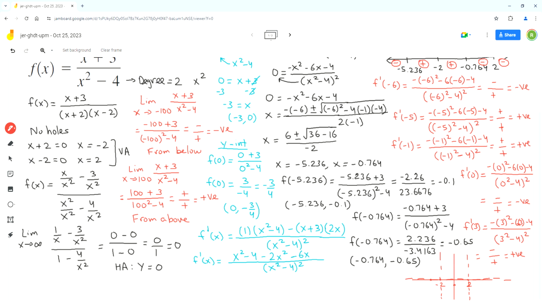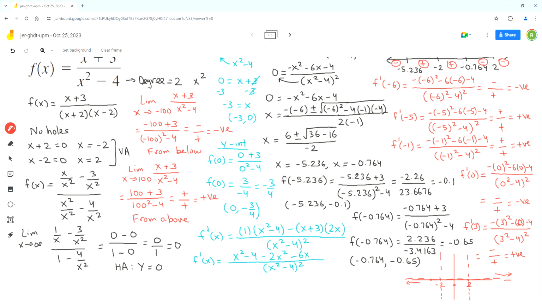Now we can show the behavior of the curve around the horizontal asymptote. So on the left side, the curve approaches the horizontal asymptote from below, so like this. And on the right side, from above, so like this. Now we can analyze the function with the increasing and decreasing intervals.